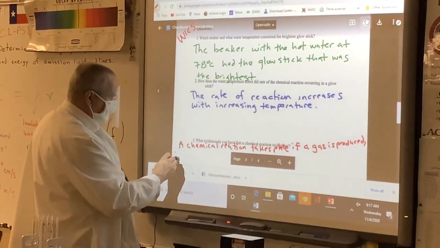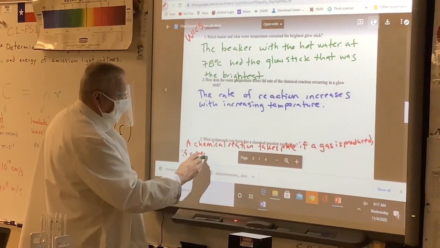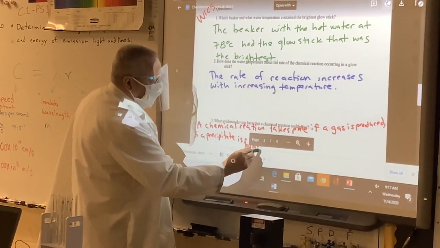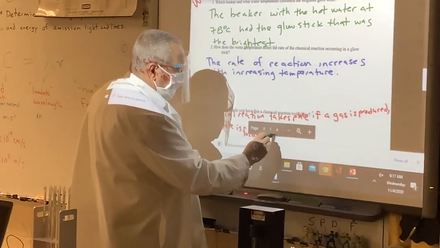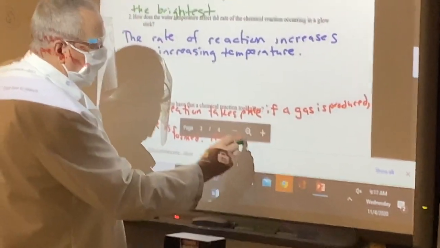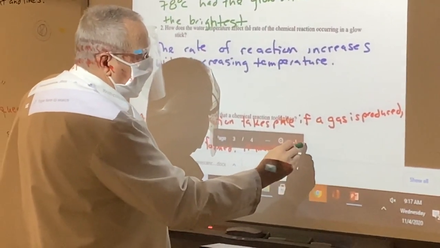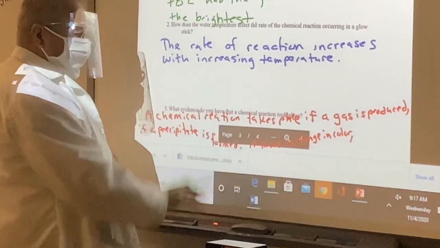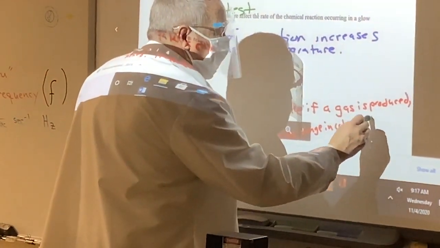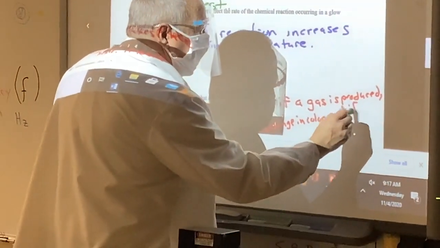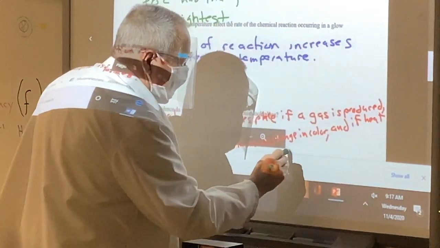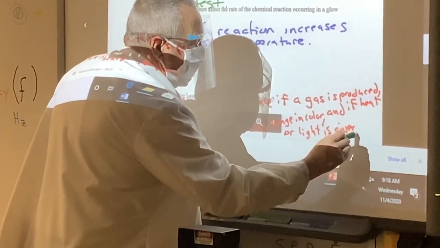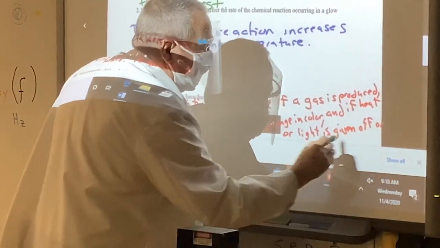If a precipitate is formed, if there is a change in color, and in our case, if heat or light is given off or absorbed.